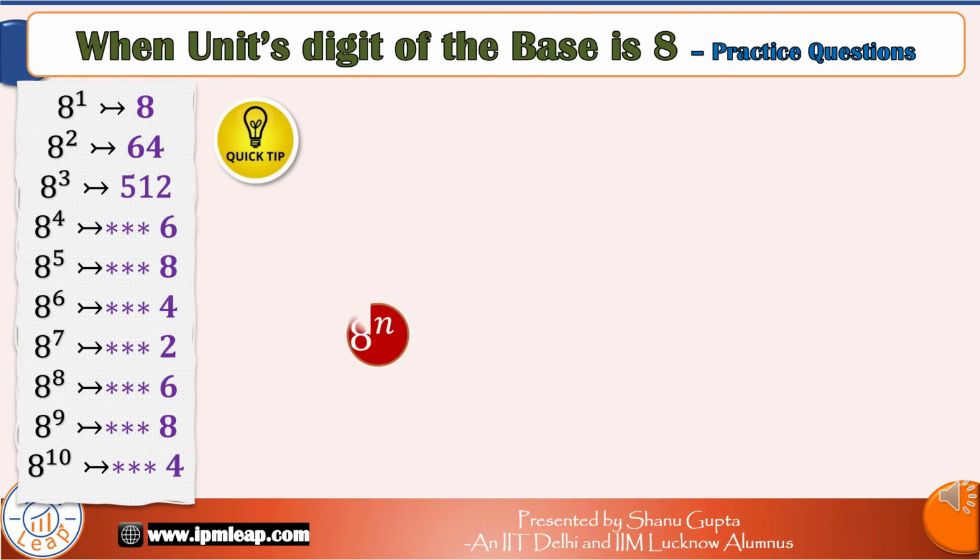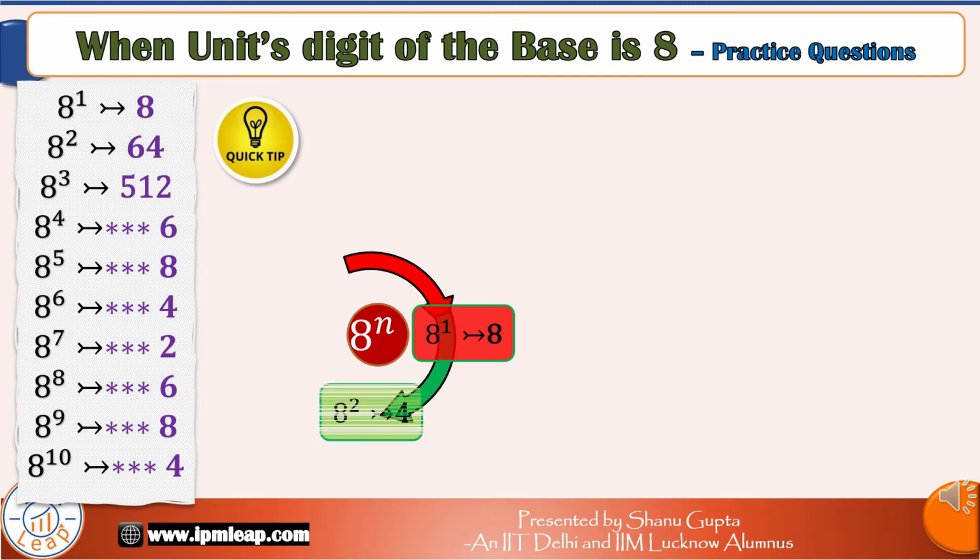For powers of 8, the 4 steps in the cycle would be: at the first step, the unit digit will be same as that of 8 raised power 1, which is 8 obviously. At the second step, the unit digit will be same as that of 8 raised power 2, which is 64, so 4. At the third step, the unit digit will be same as that of 8 raised power 3, which is the same as that of 4 into 8.